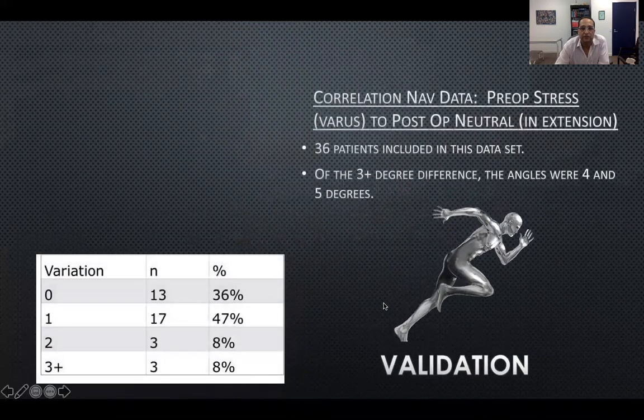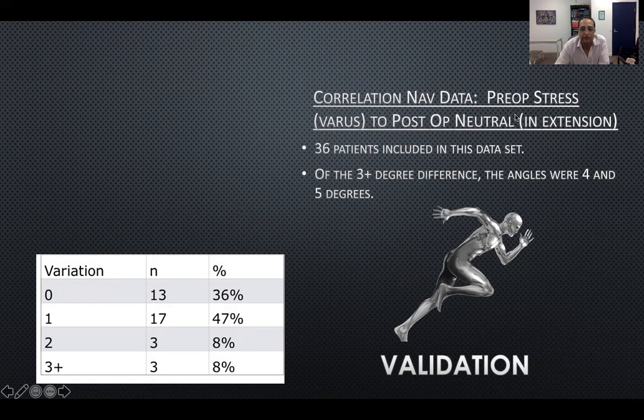The next correlation we did was to look at the pre-op stress varus to post-op neutral in extension. So what that means is the surgical technique that we utilize when we stress the knee out of its disease varus alignment, and we say, what is the degree of alignment that we are chasing? And that's the post-op neutral.